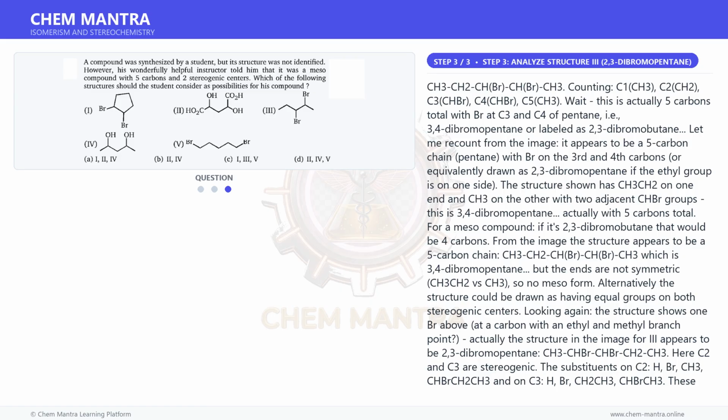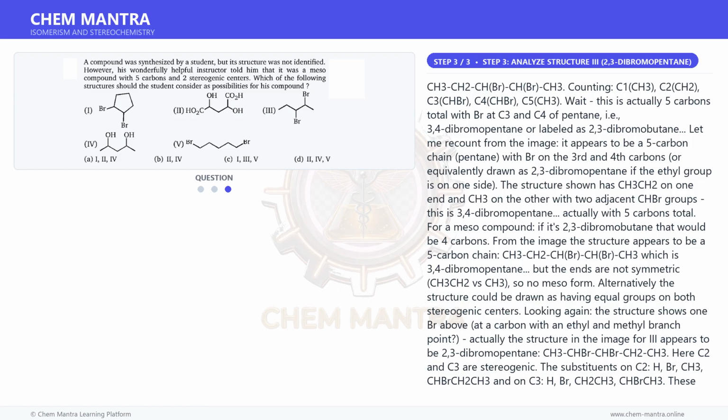Structure 3, if this is meso, 3,4-dibromohexane. But that's 6 carbons. Or if it is drawn as 2,3-dibromo with identical end groups making it meso, perhaps the image shows it as having CH3 on both ends with a CH2 in between, making it effectively like 2,3-dibromobutane extended.